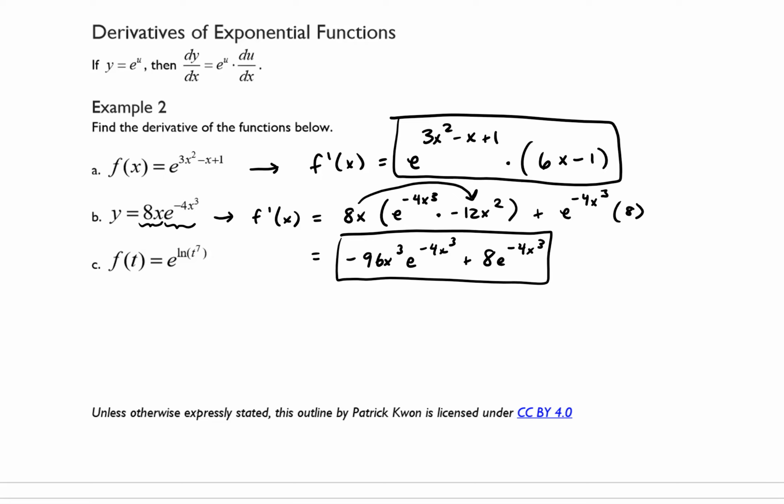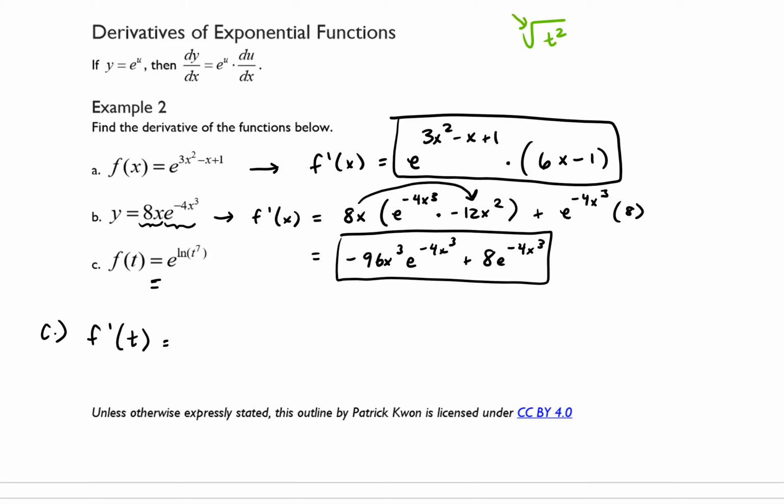And then for part C, f prime of t is going to equal, before we take the derivative of that, we can actually rewrite f of t because e and the natural log are inverse functions of each other, and so they undo each other, kind of like if you had, for example, the square root of t squared.